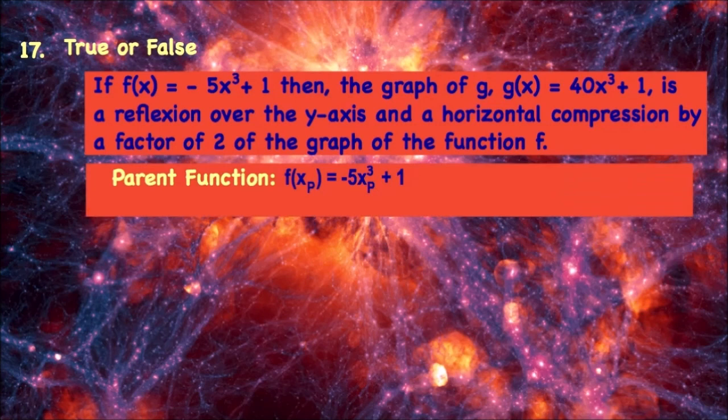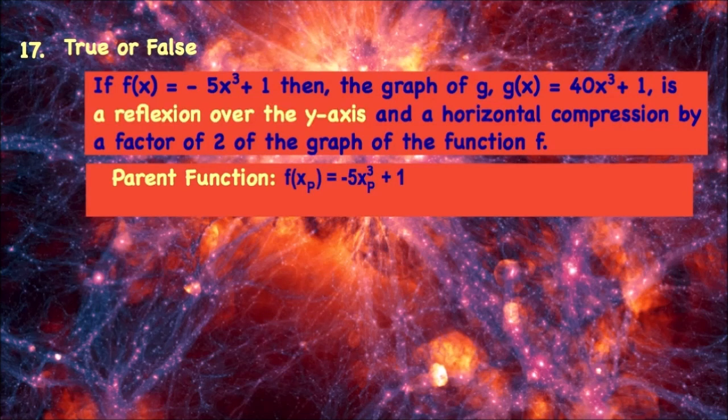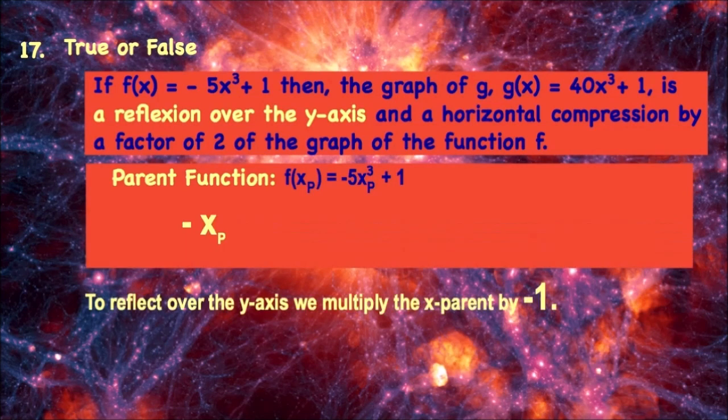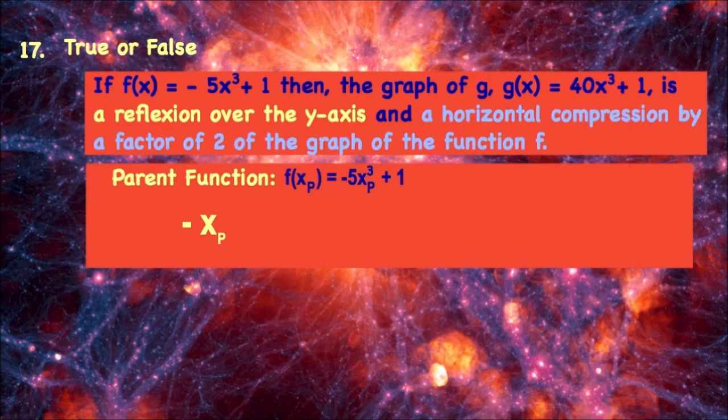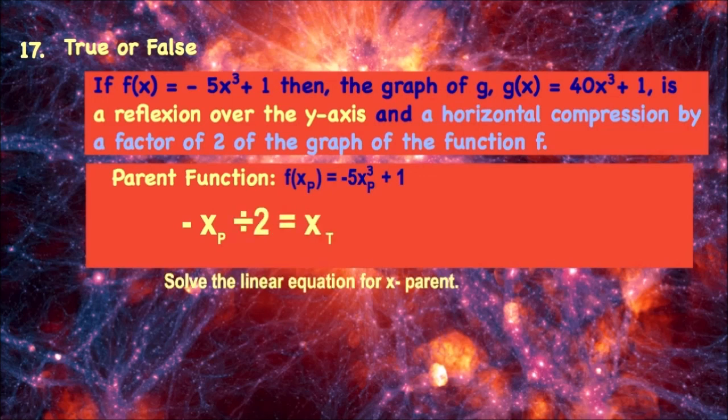Parent function, f of x parent equals negative 5x parent cubed plus 1, a reflection over the y-axis. To reflect over the y-axis, we multiply the x parent by negative 1, so we have negative x parent. And a horizontal compression by a factor of 2 of the graph of the function f, so we divide by 2, equals x transformation.